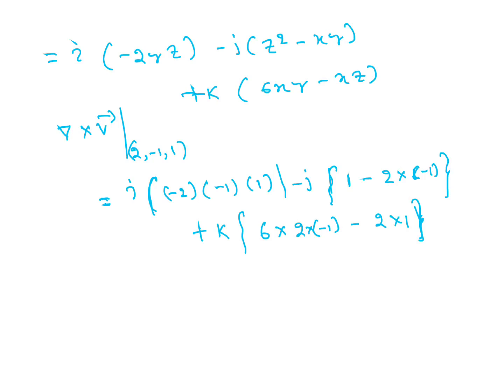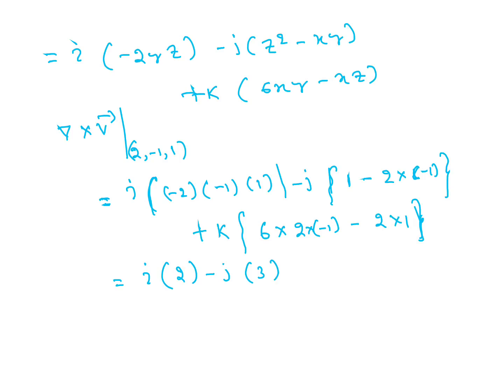So we will get I into plus 2, minus j into minus 2 plus 2 plus 1, so it's 3.